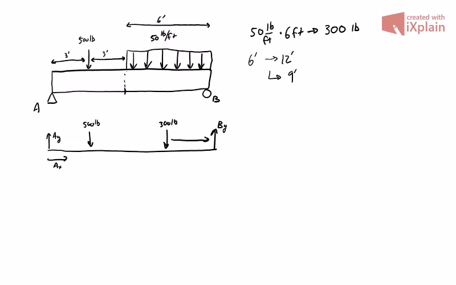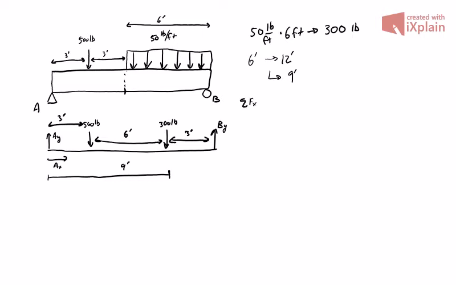We know that this distance is 3 feet, this distance is 6 feet, this distance is 3 feet. Therefore, that gives you that whole distance is 9 feet, and the entire thing is 12. All right, so we'll go ahead and get started.